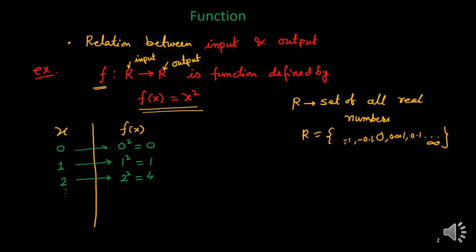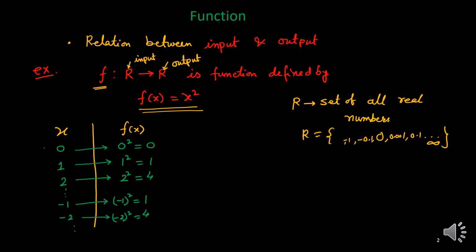Even if I consider negative, so it's -1. What is the corresponding output? -1 square, that value is again +1. If this is -2, its value is -2, that square equals 4, like this. Now x can take anything from real numbers.